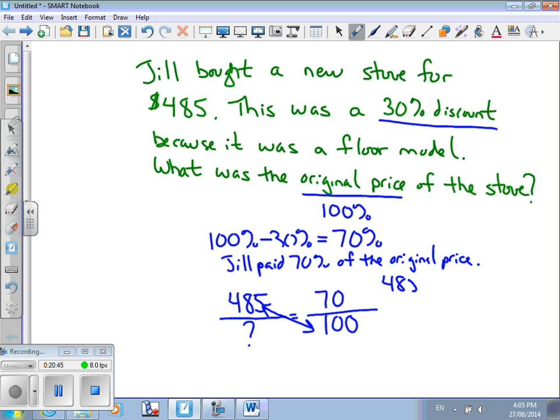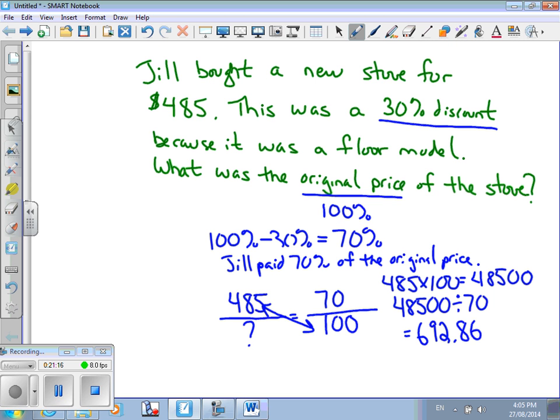485 times 100 is 48500, and 48500 divided by 70 is equal to 692.8, and then rounding to the nearest cent, it would round to 0.86.